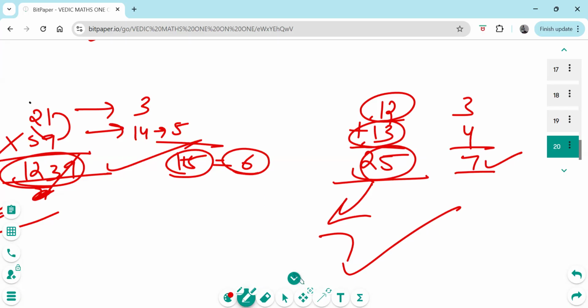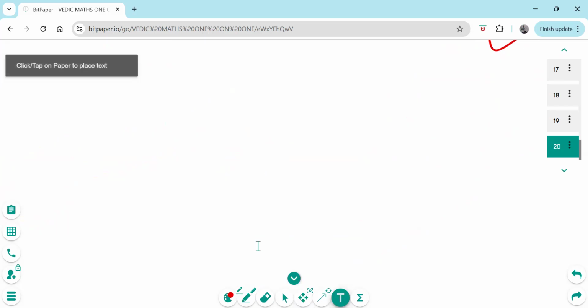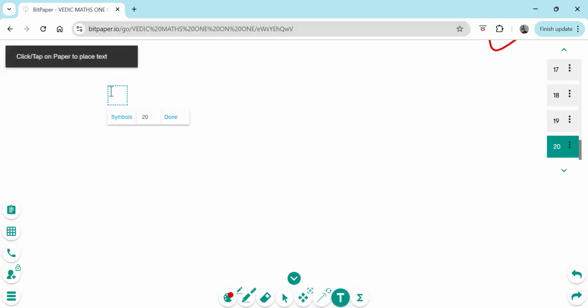Okay, now this session is not just about this. There is another beautiful thing that I'm going to teach you today, which is a special case that makes calculation even faster for multiplication.